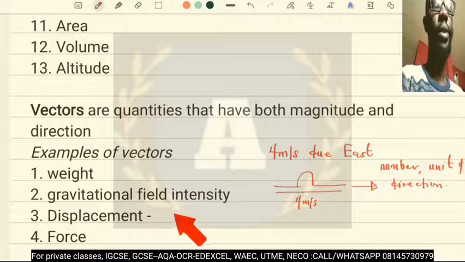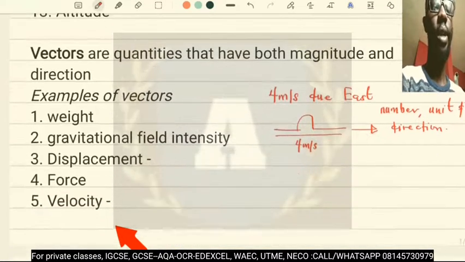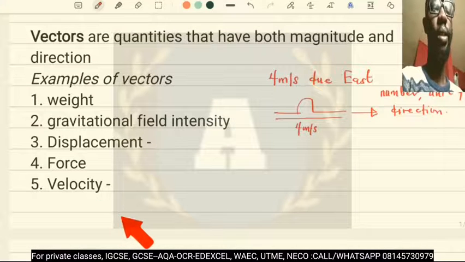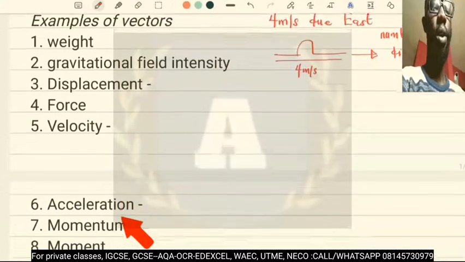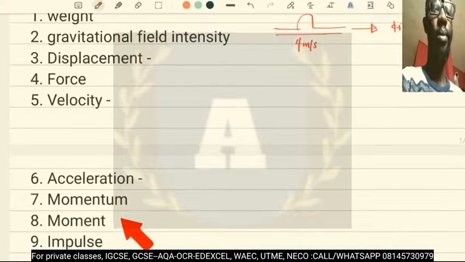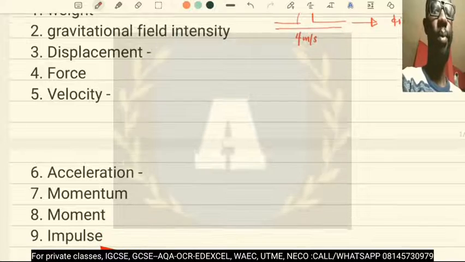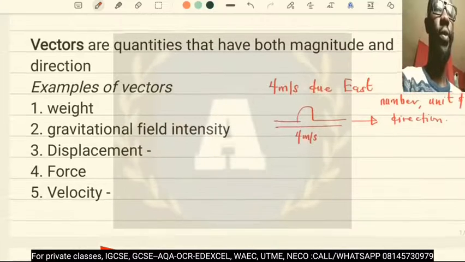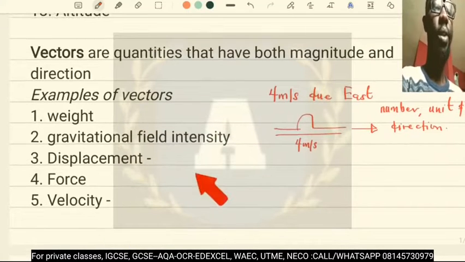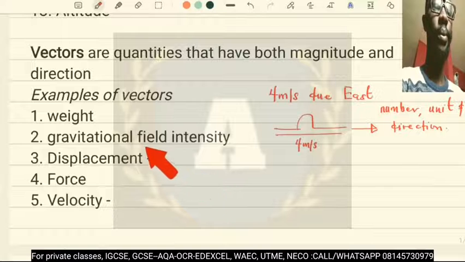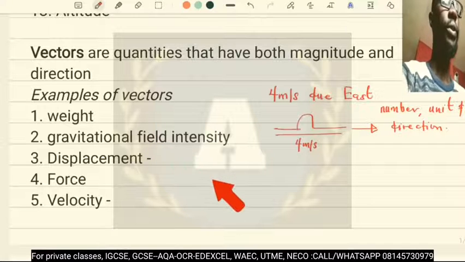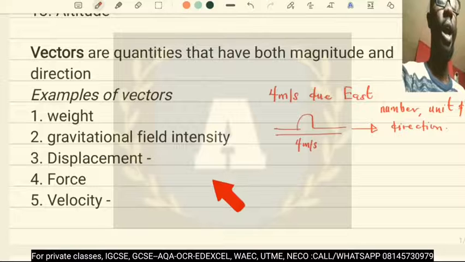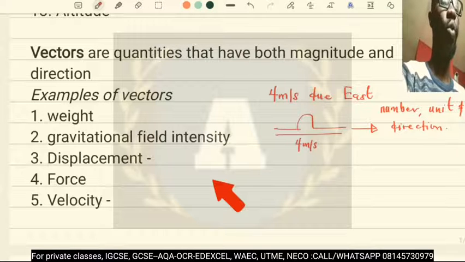Gravitational field intensity, displacement is another example, force is another example, velocity, acceleration, momentum, moment, impulse, electric field. Any quantity in physics that has the word field in it, just know that such quantity is a vector quantity.